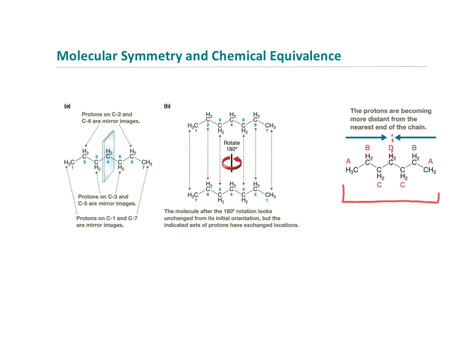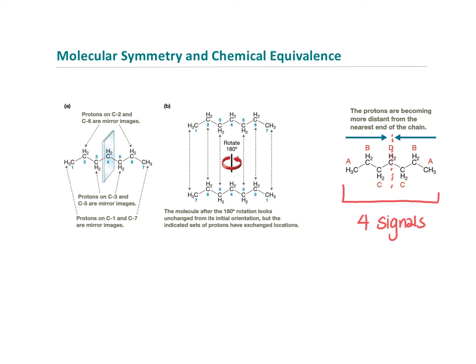Here's your point of symmetry, and then each of the carbons A, B, and C are the same distance from that point of symmetry. So for example, the C's are the same distance from D, and the B's are the same distance, and the A's are the same distance. So you're only going to get 4 signals with heptane, okay?